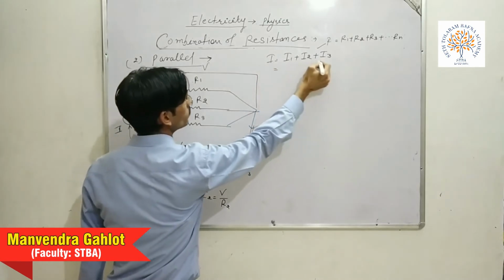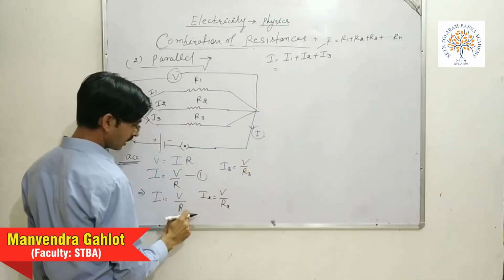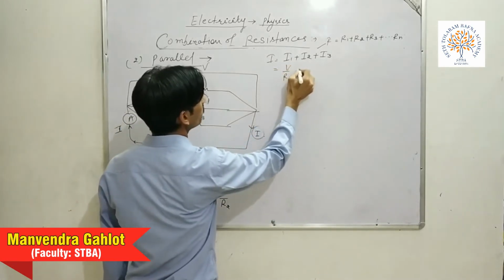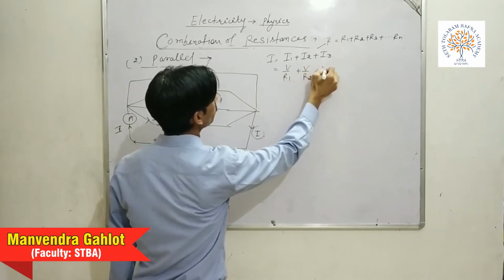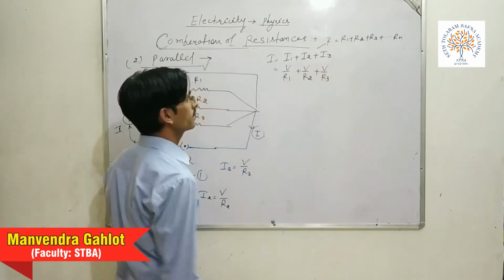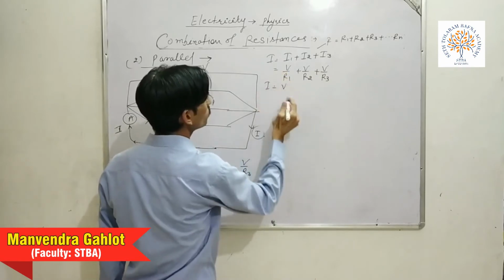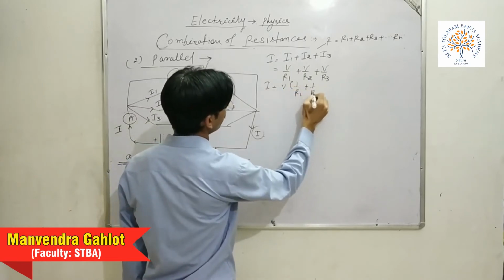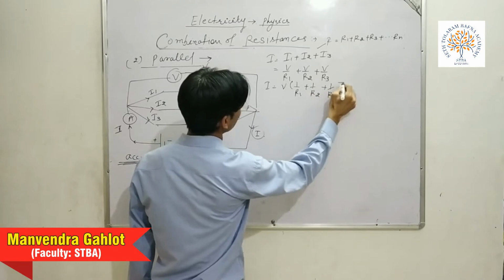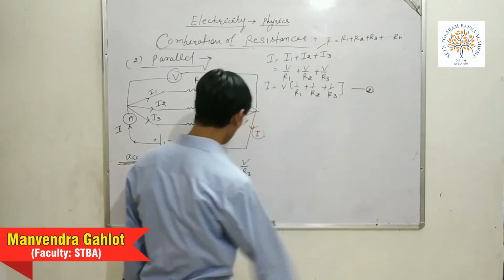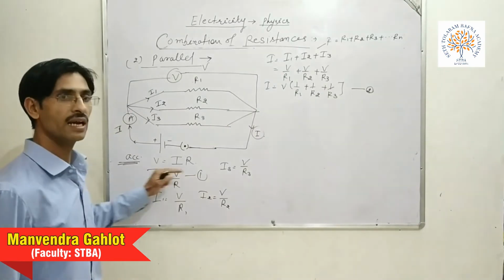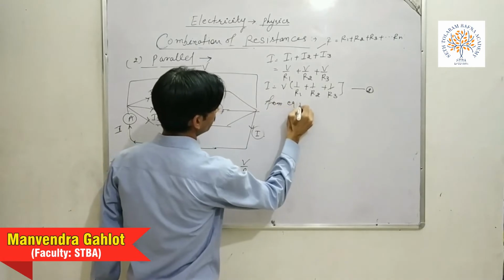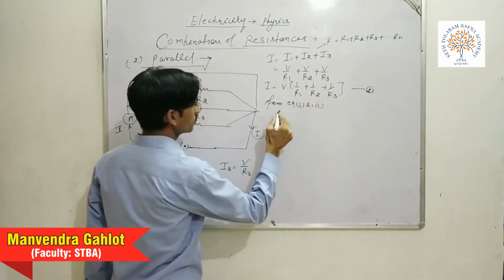Put the values of I1, I2 and I3 from V upon R1, V upon R2 and V upon R3. So V upon R1 plus V upon R2 plus V upon R3. So I equals V, which is common for all these quantities, times 1 upon R1 plus 1 upon R2 plus 1 upon R3. Equation number 2. Again we compare equation number 1 and 2.